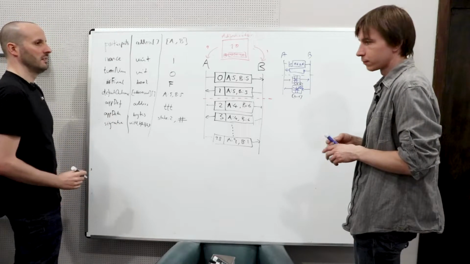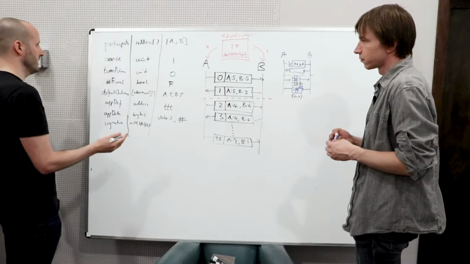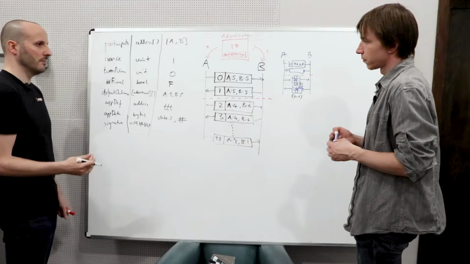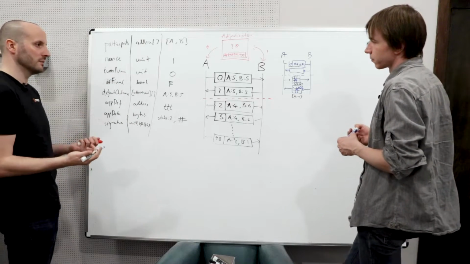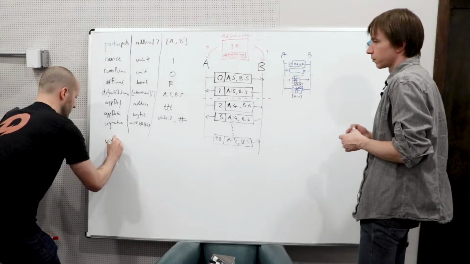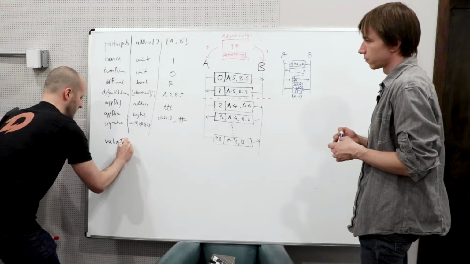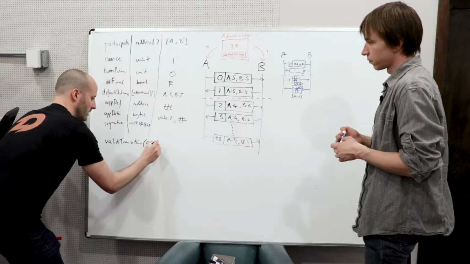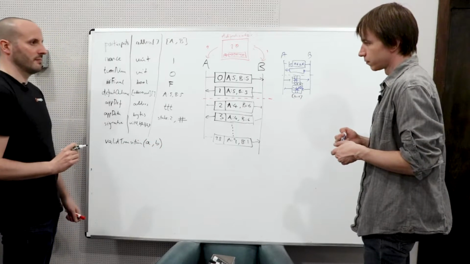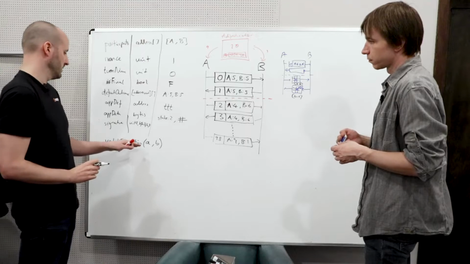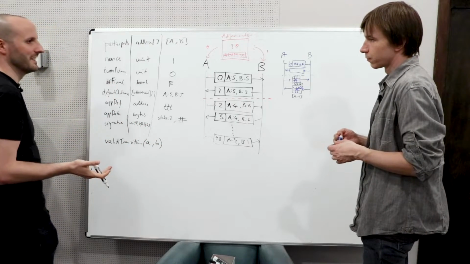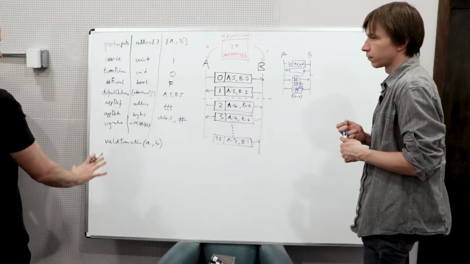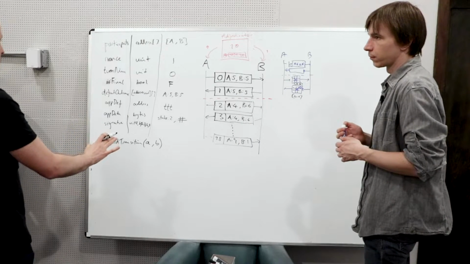I'll write here then. So what determines a valid transition? The way the framework does this is there's a single function called validTransition, and it takes a pair of states, A and B, and says whether A to B is a valid transition. What are the rules for something being a valid transition?